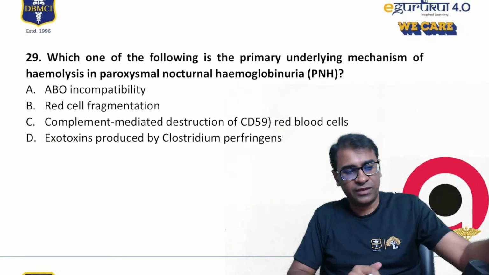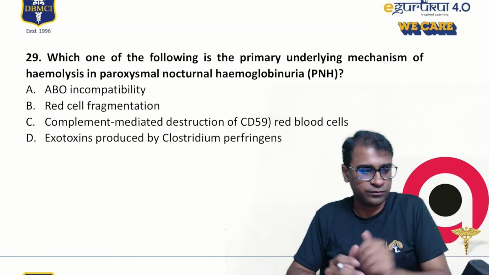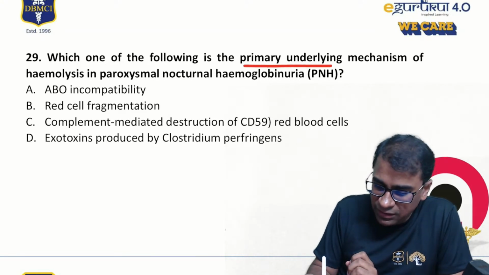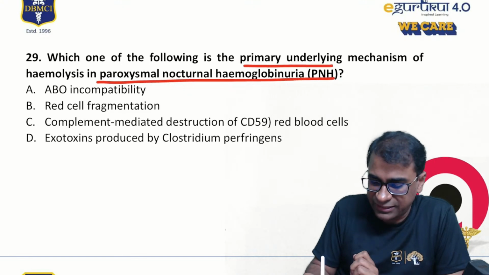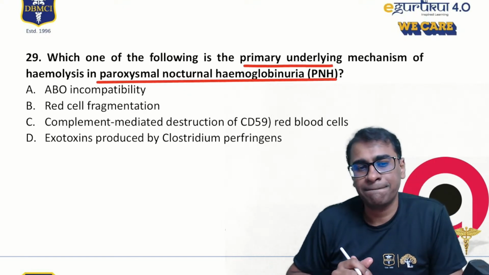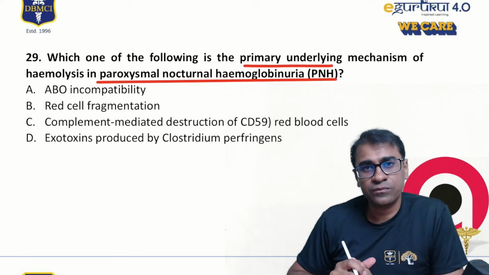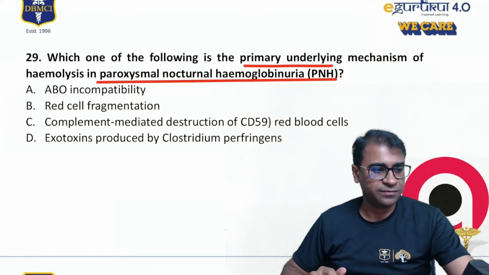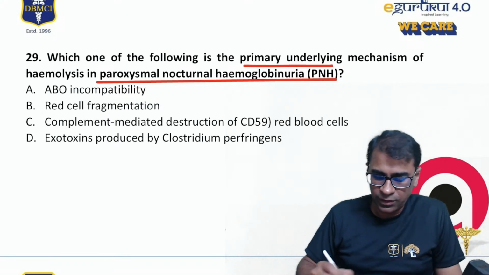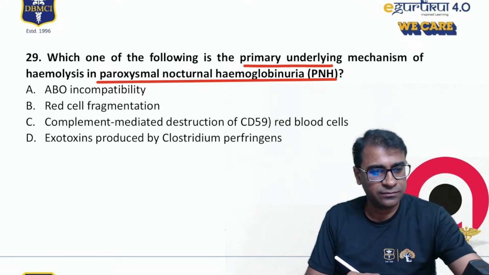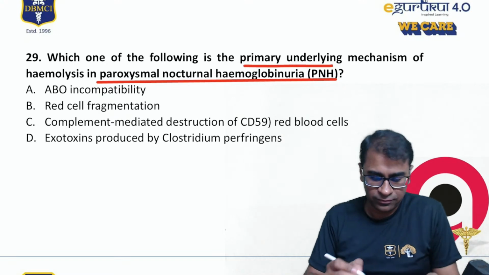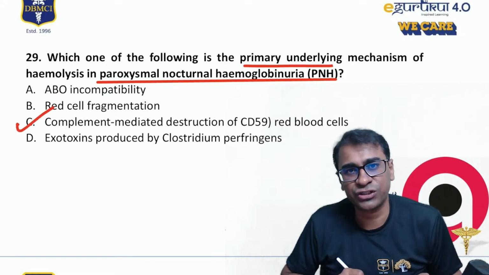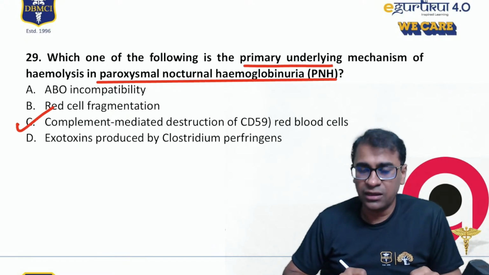Okay, next question. The following is the primary underlying mechanism of PNH. Tell me, what will it be? This is a simple question. All of you should answer this. Yes, the answer is complement mediated destruction of CD59-negative RBCs.